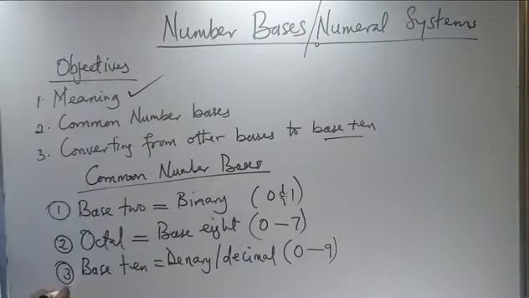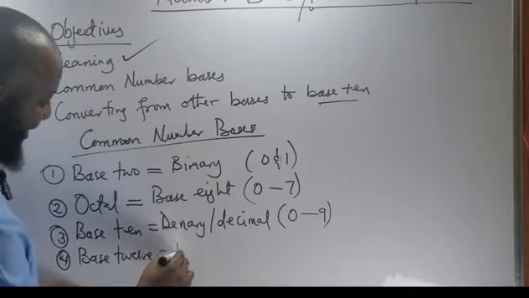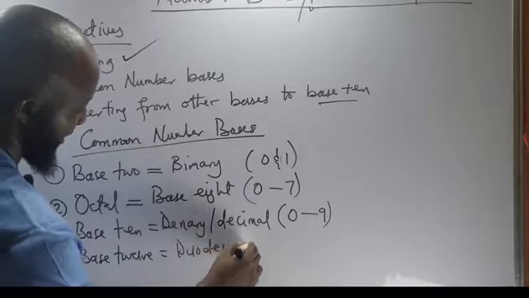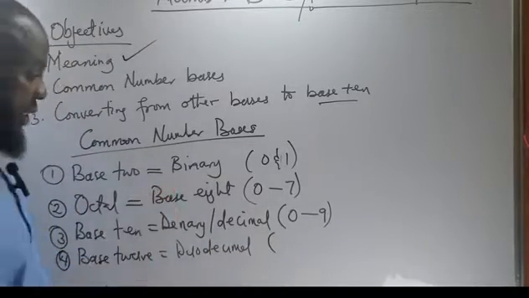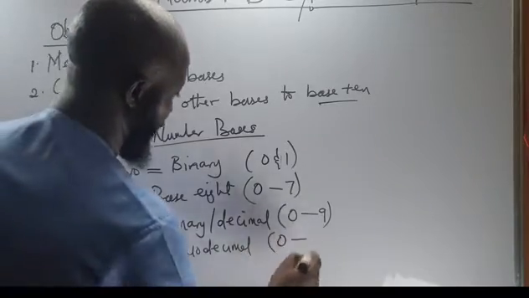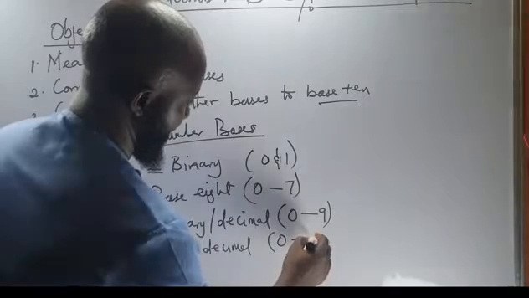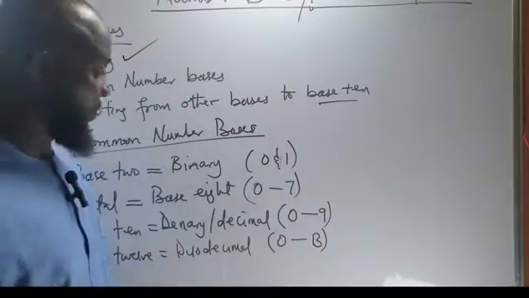Then we also have base 12, which is also known as duodecimal. That one has 12 digits, from 0 to 9 and then A and B. You'll understand what A and B stand for later on.